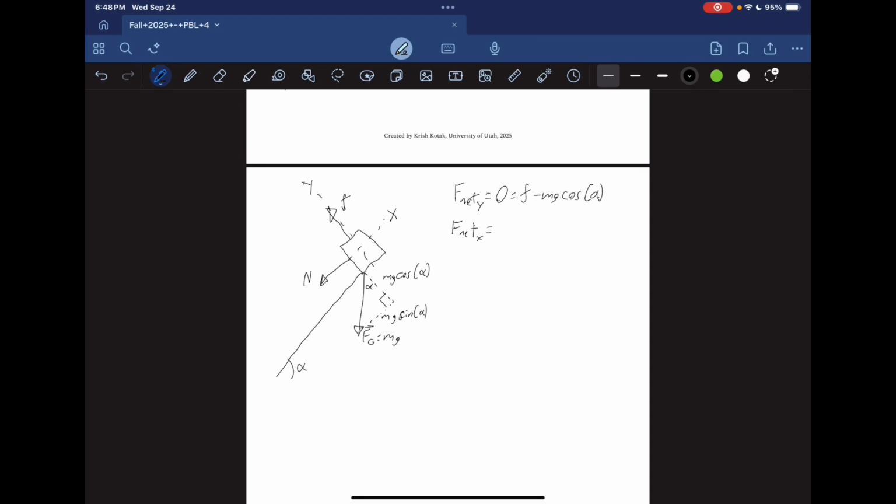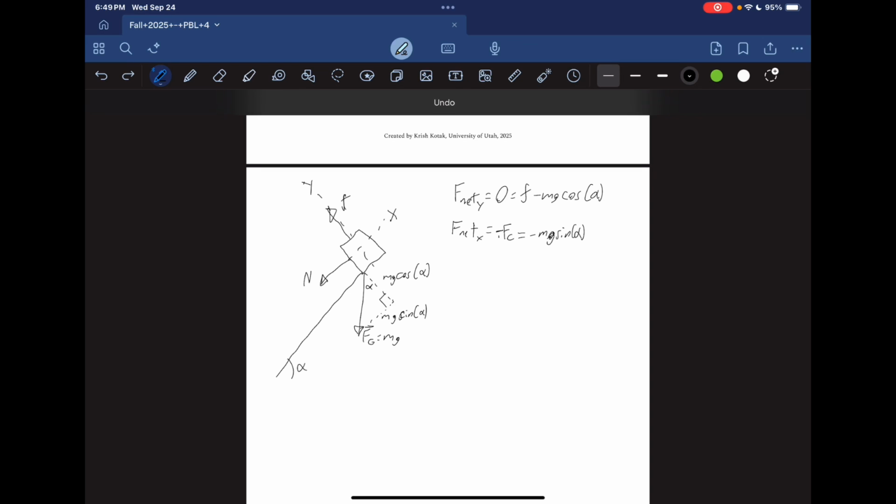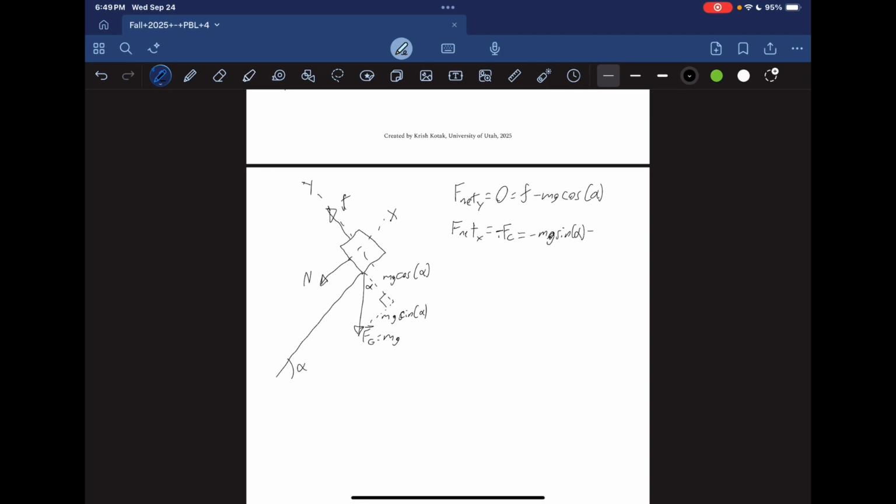So this is going to equal negative centripetal force, so that this direction is negative. And then this equals negative mg sine of alpha, because this force vector is in the x direction. It's negative, and then minus the normal force.